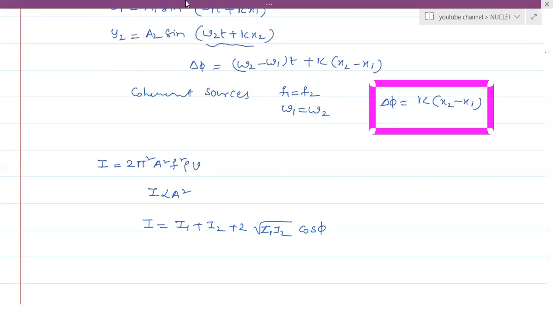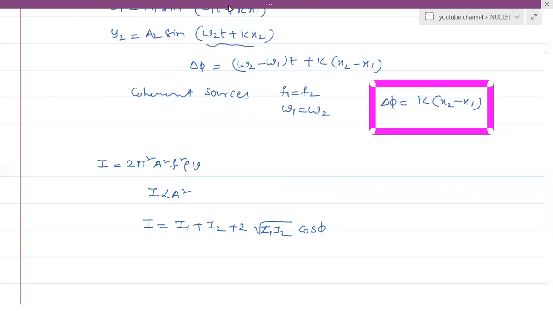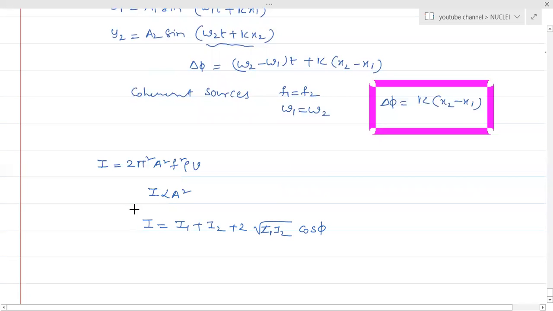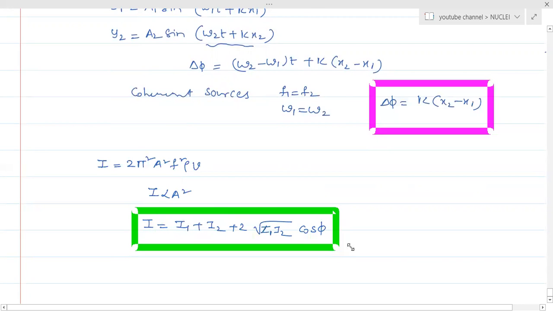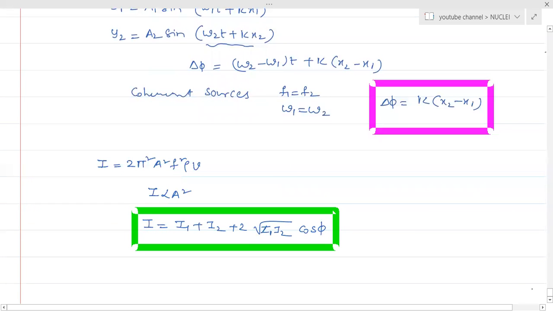This is the resultant intensity whenever two waves superpose with each other. So this is about the resultant wave.